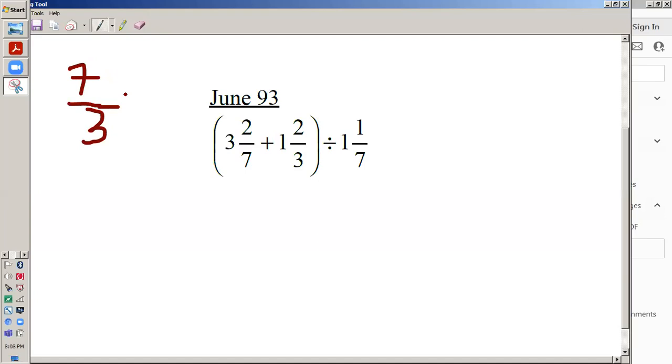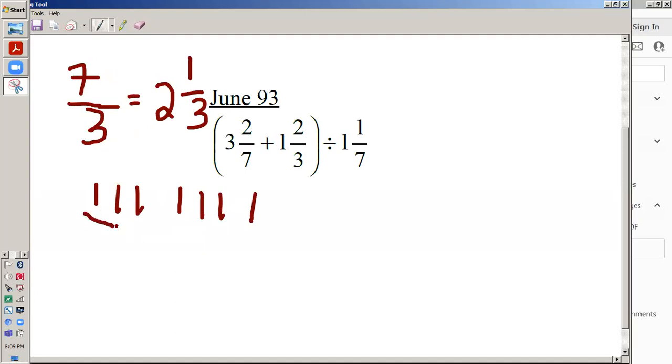And how would I convert this improper fraction to a mixed fraction? I would say how many groups of 3 can we get out of 7? That would be 2, and the remainder would be 1. So you have 7 things: 3, 4, 5, 6, 7. How many groups of 3? 1, 2. So the remainder always goes on top.